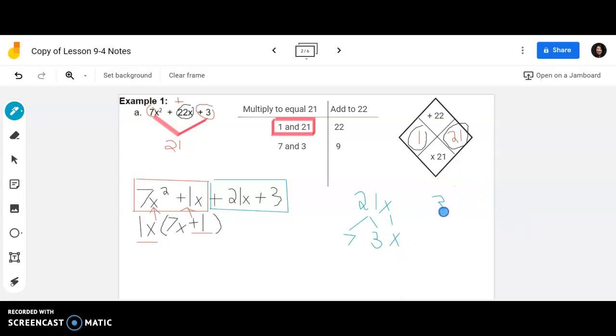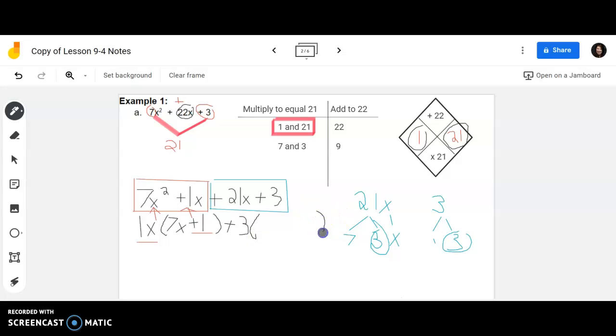And if you break down 3, it only has factors of 1 and 3. So what's its greatest common factor? The greatest common factor is just 3. So instead of just writing 3, we'll write a plus 3 because it's a positive 3. And then we'll again have our parentheses.